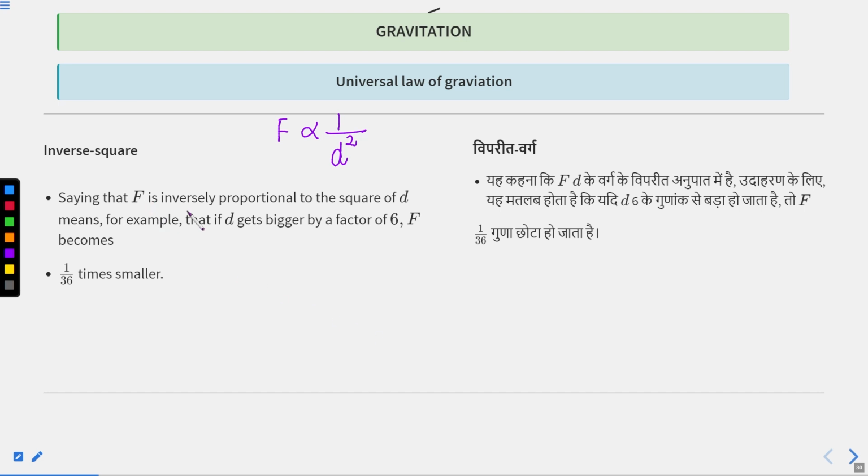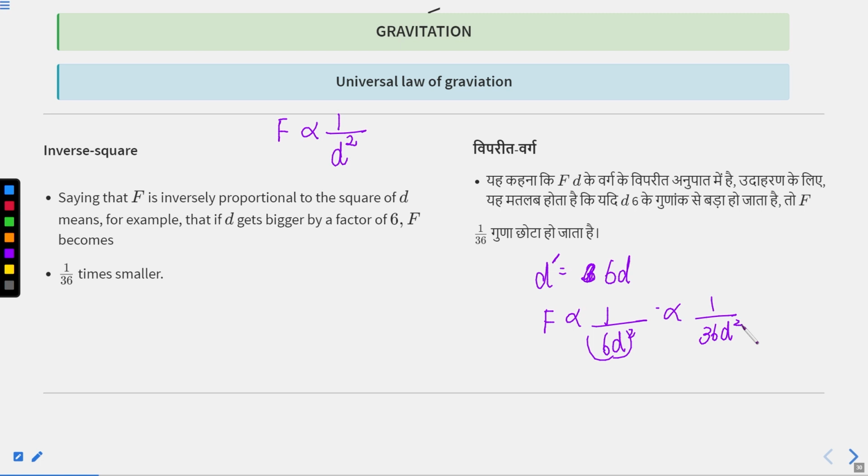Saying that F is inversely proportional to d square means if the distance gets bigger by a factor of 6, let's suppose your new distance is 6 times the older distance, then your force will be 1 by 6 d square, which is 1 by 36 d square. It means the force will decrease to 1 by 36 times the original force.